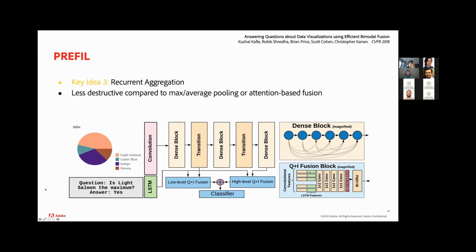And then what happens here is that, once we go through a number of convolutions, now we have some new features. That's all these red blocks. And instead of just doing something like pooling to aggregate these, what we actually do is this recurrent aggregation. So we have this bidirectional GRU that we pass through these and use this to combine them. And we found that this does a much better job of bringing together this information.